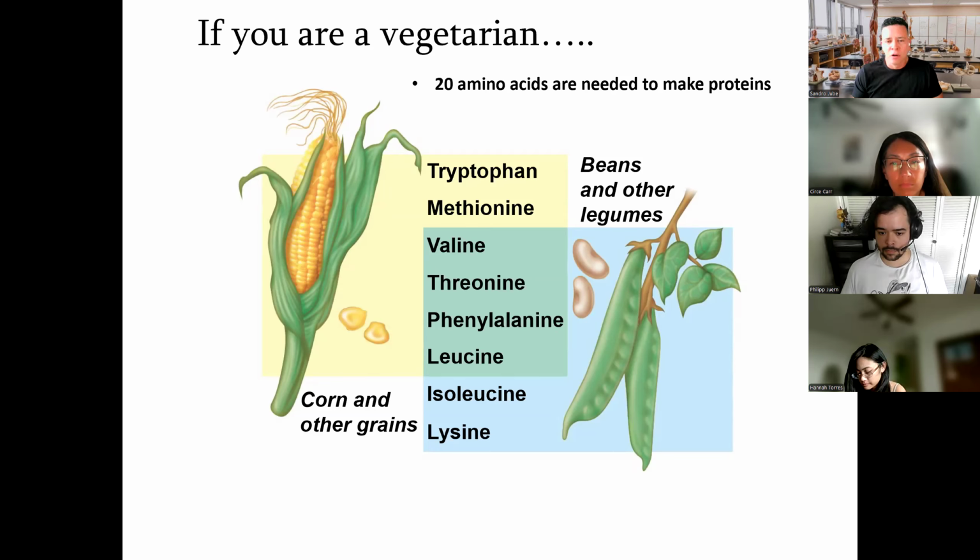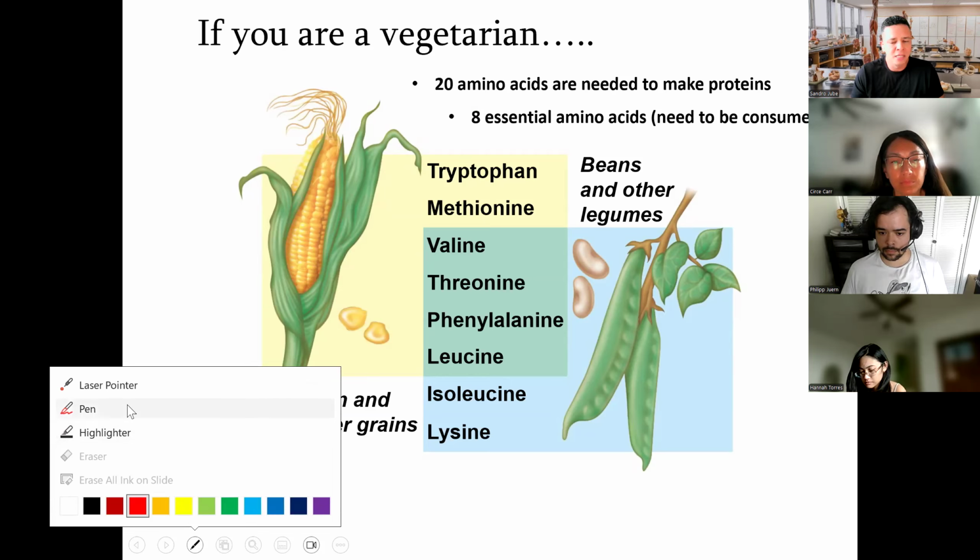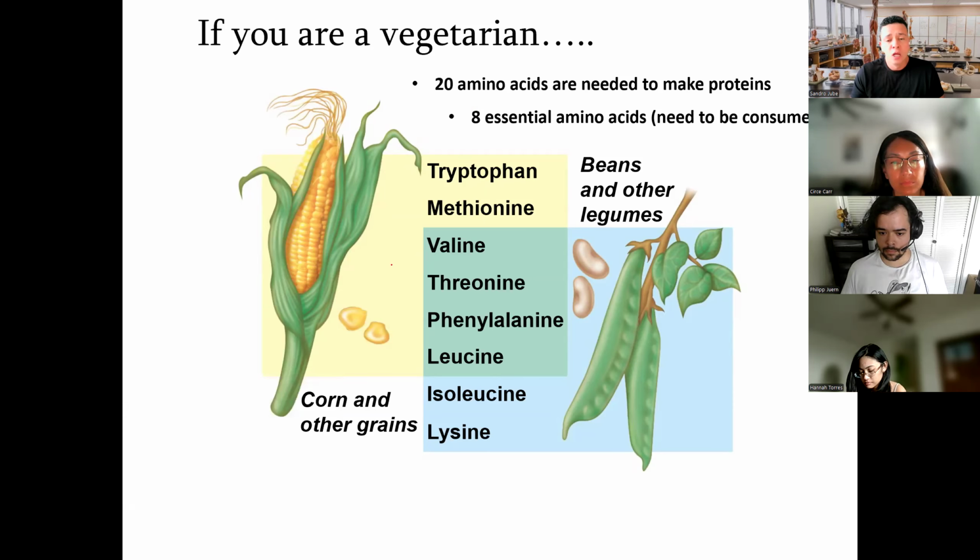But eight of those, and they are included right here, tryptophan, methionine, valine, threonine, phenylalanine, leucine, isoleucine, and lysine. Those here, they are called essential because our body does not make them. We need to consume them. We need to eat them. Now, if you only eat grains, like corns and other grains, you're going to be able to get the six essential amino acids right here.